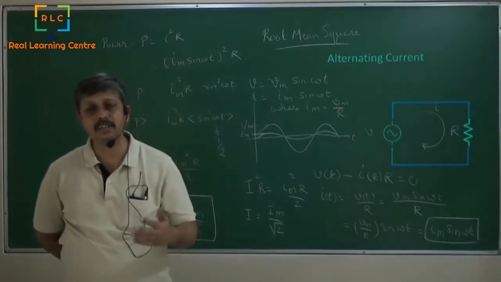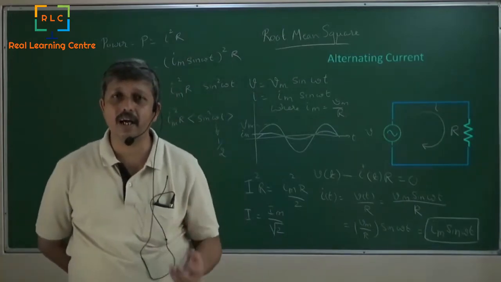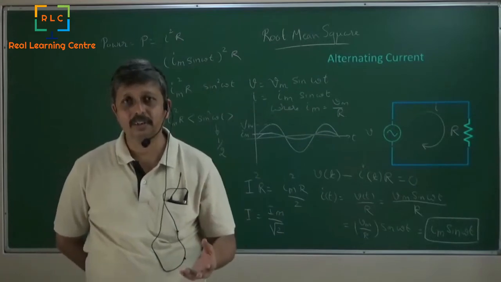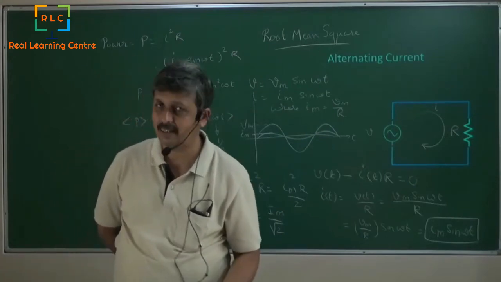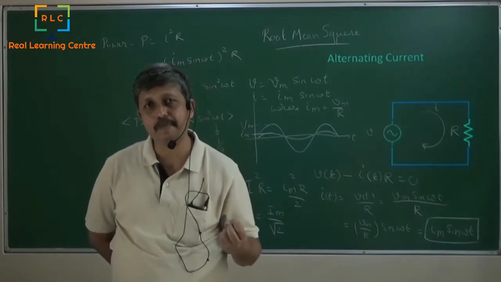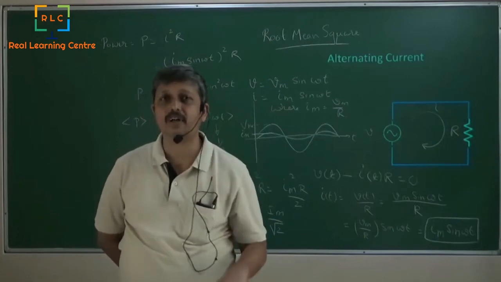So when it is getting used up, it is actually converted also into heat. So if we can somehow say on an average how much current is flowing, so that now we measure in terms of heat, in the sense that in terms of power, the current that gives the same amount of power as another DC current, that much is what we call an average.